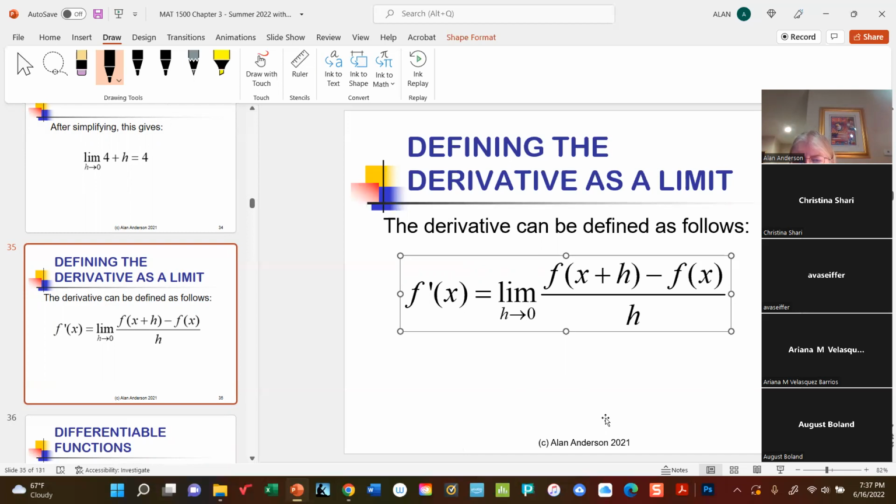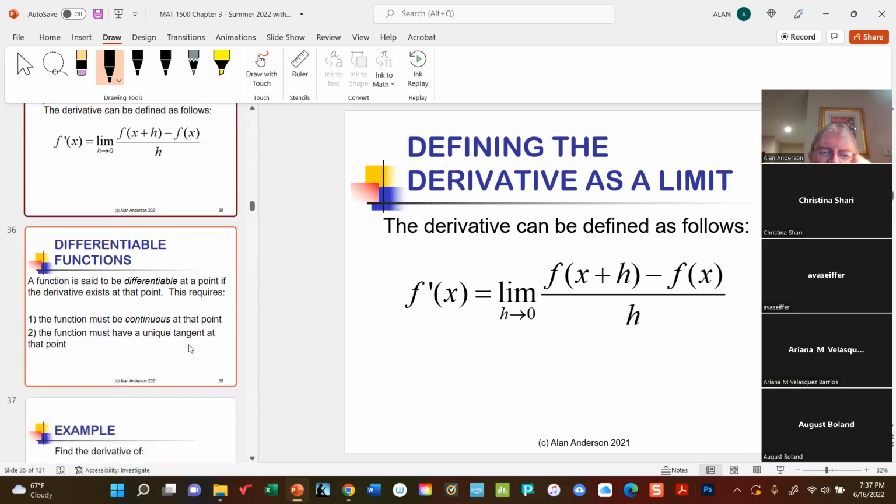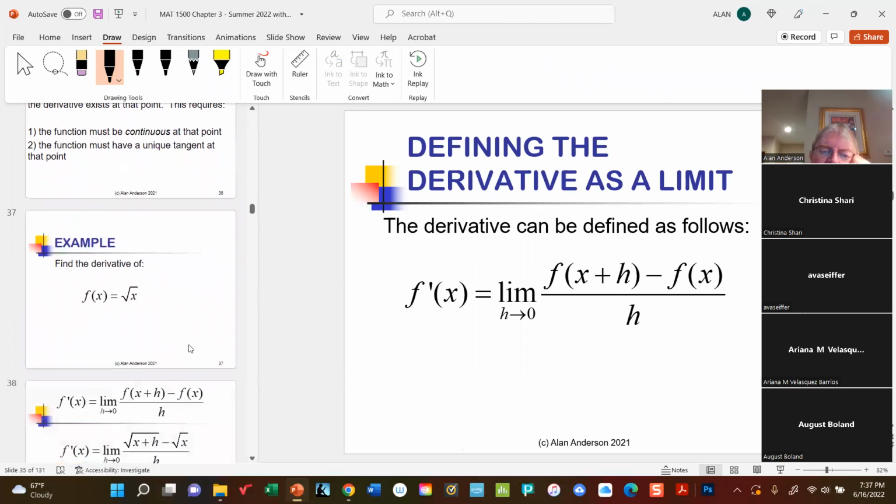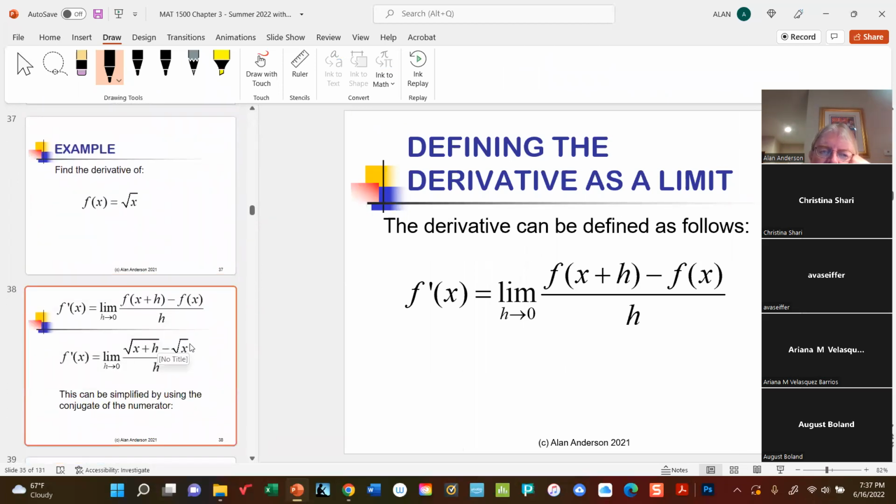And you can see we've chosen the version where h is in the denominator. H is, again, the difference between the 2 points on the function. We want to know what happens as they get closer to each other. So we're going to apply this to a couple of examples before we introduce the rules.